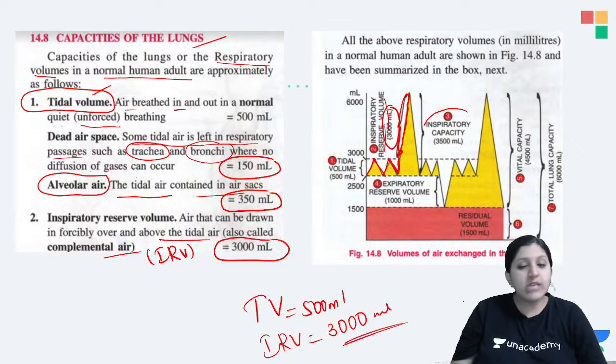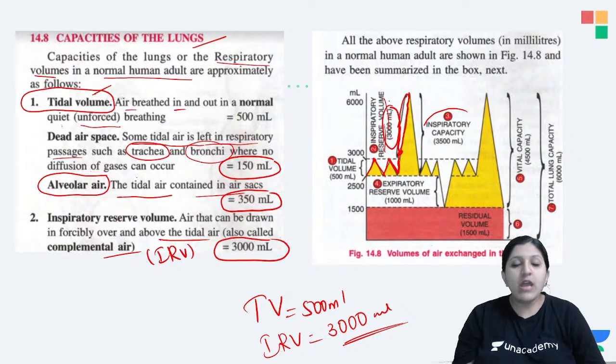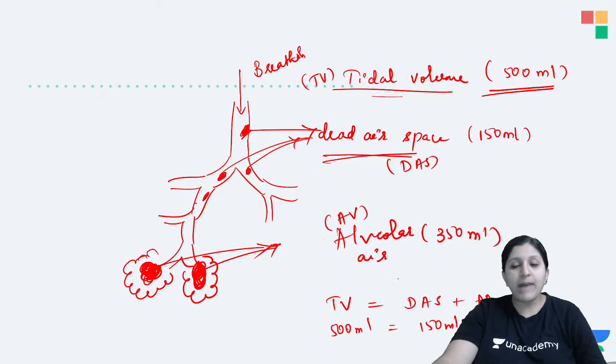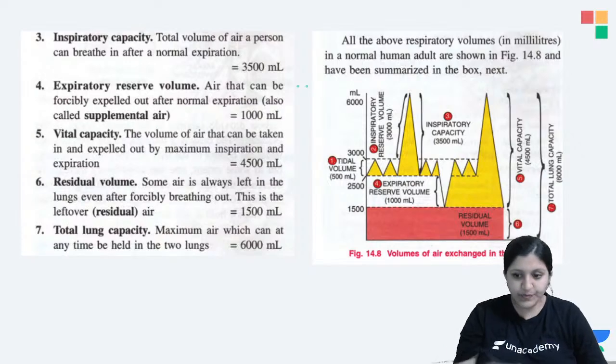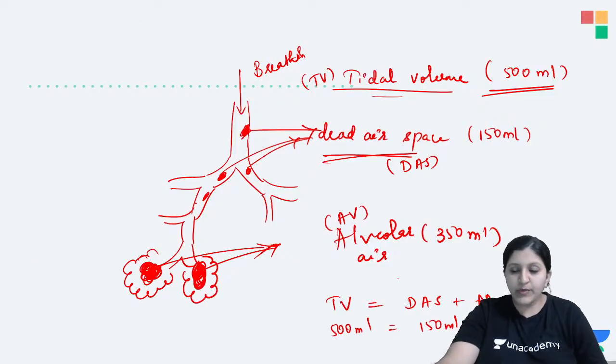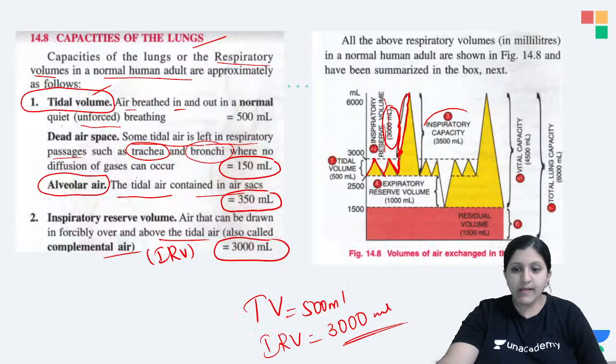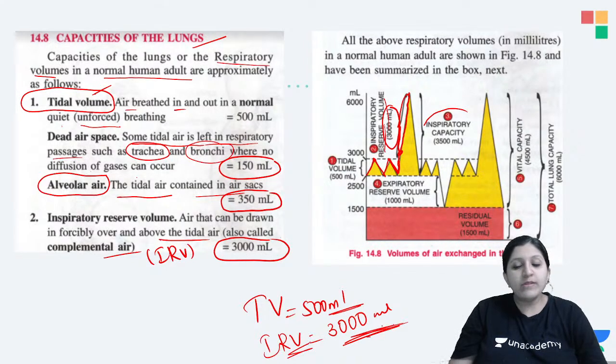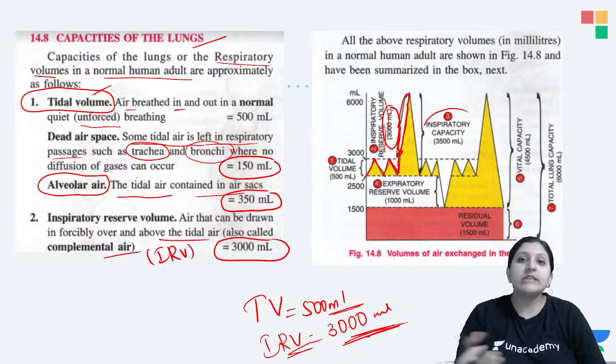Now we want to find the inspiratory capacity. I hope this one is clear. Here the tidal volume is 500 ml and the inspiratory reserve volume is 3000 ml, so you are taking in more and more air.